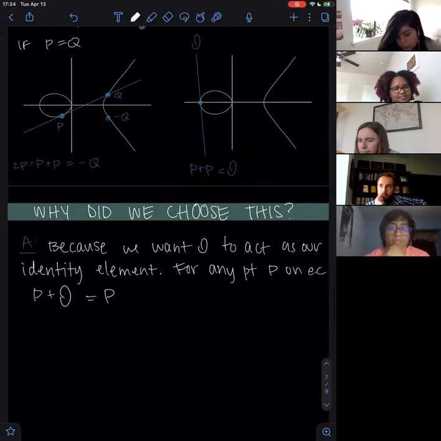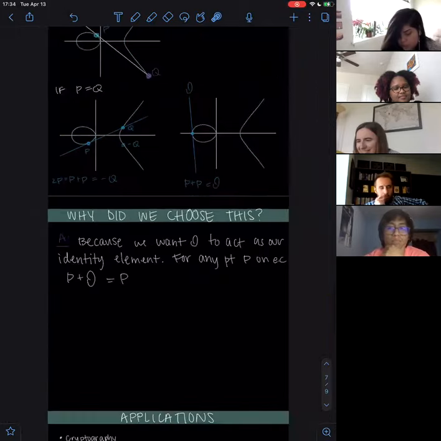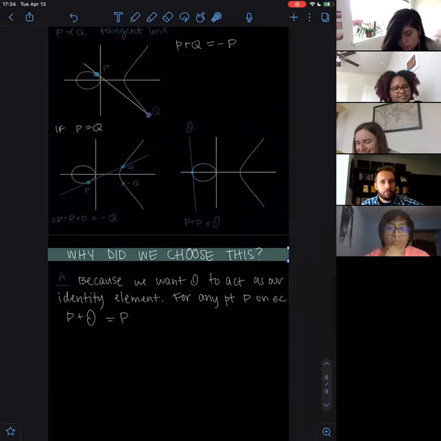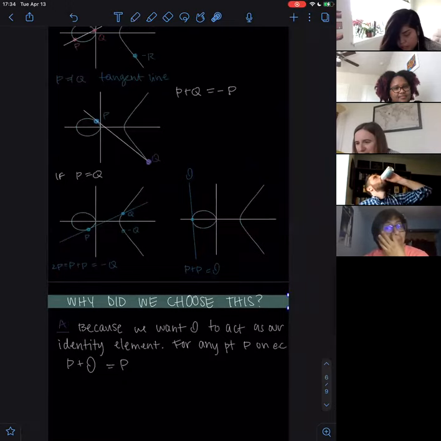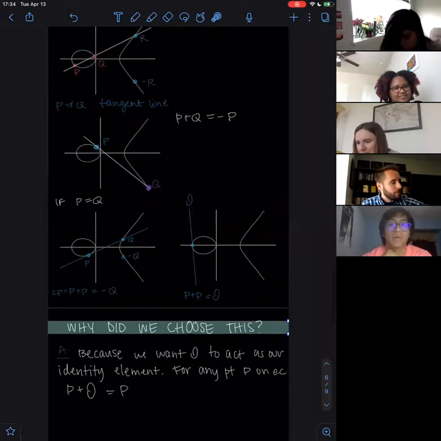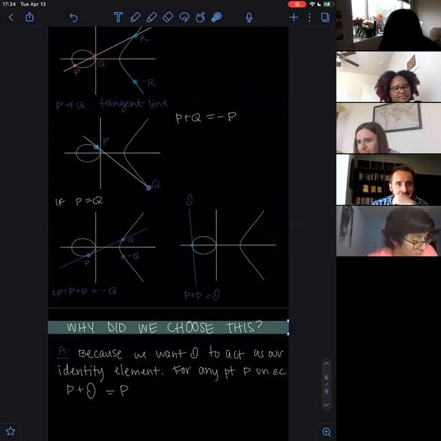Right. So we want to think about two distinct points. I guess actually this is the tangent one. Oh no, okay. So we have something that looks like this case here, right?